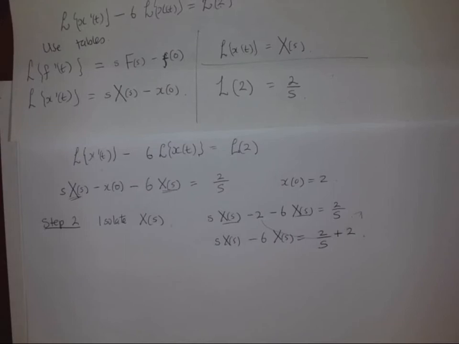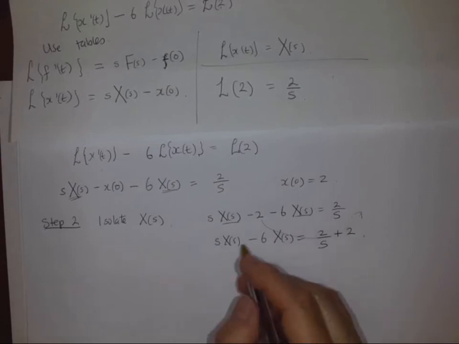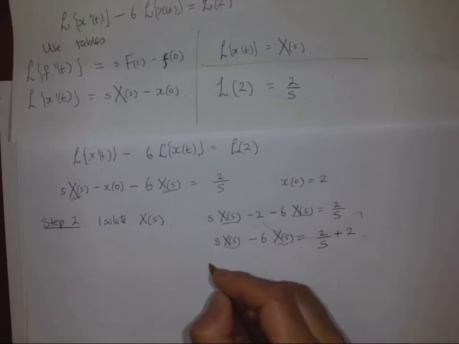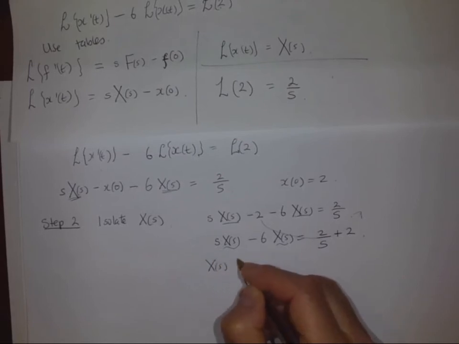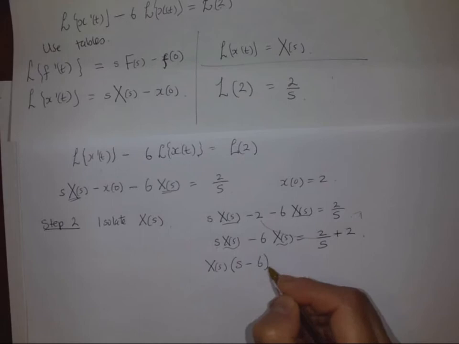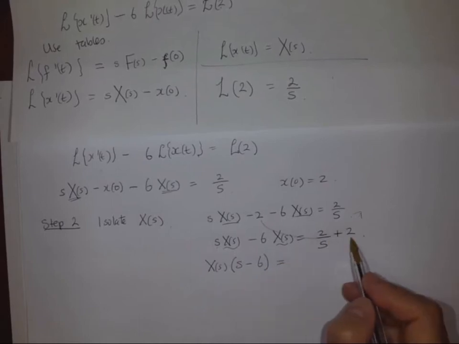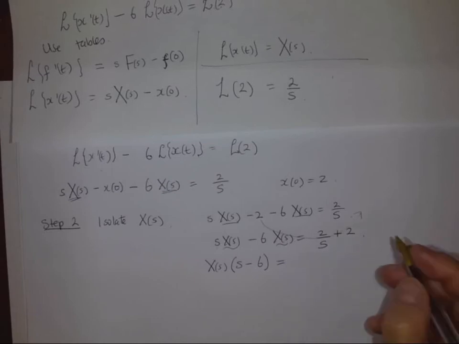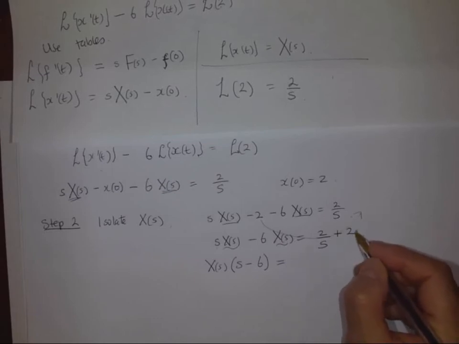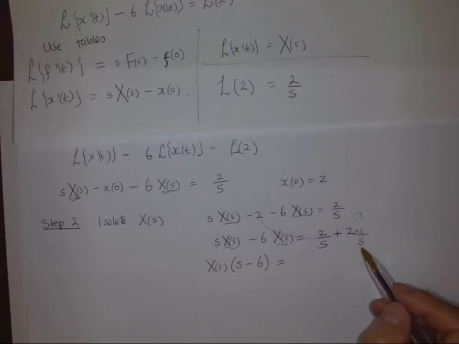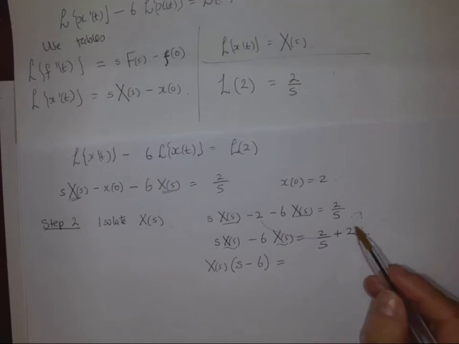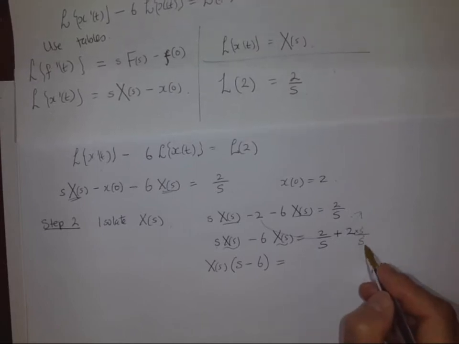Right. So we take the x of s out of these two, it's the common factor. X of s out, and we're left with s minus 6 equals, for this side here we should get a common denominator, and we could get s as a common denominator. If we multiply this 2 by s above and s below the line, really we haven't changed it because s over s is 1, but we still have a common denominator now.